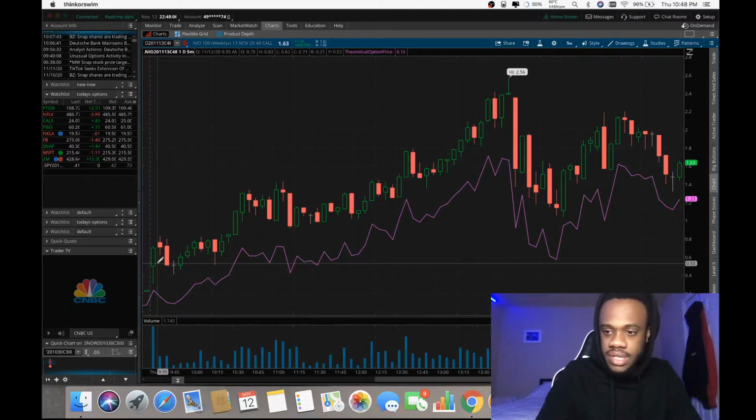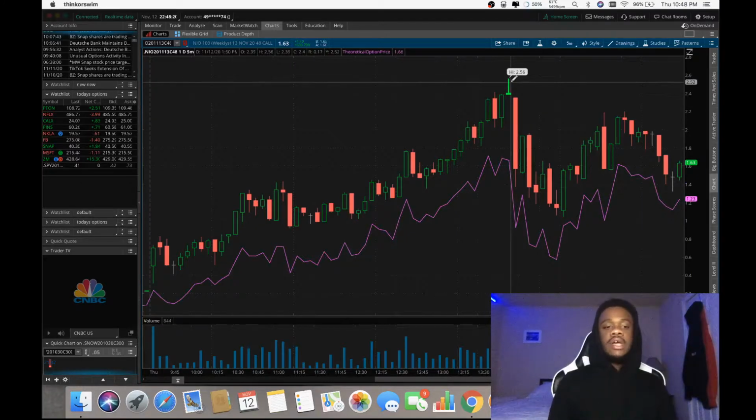As I told you, I got in at 54 at 9:33, right about here in the first wick of this candle, and it ran all the way up. By about 2 o'clock, it had a high of $2.56. So potentially you could have flipped $54 all the way to $256, and that's only with one contract.